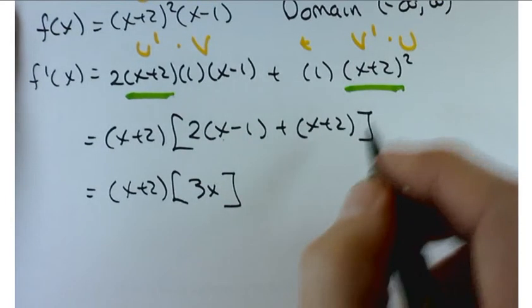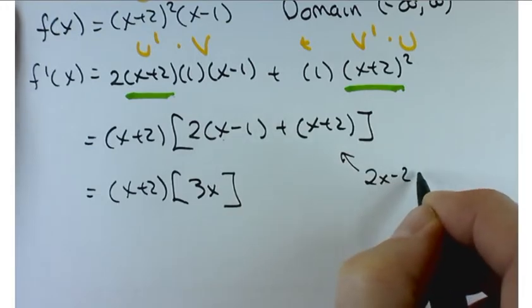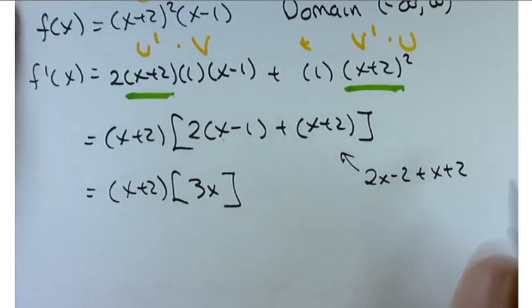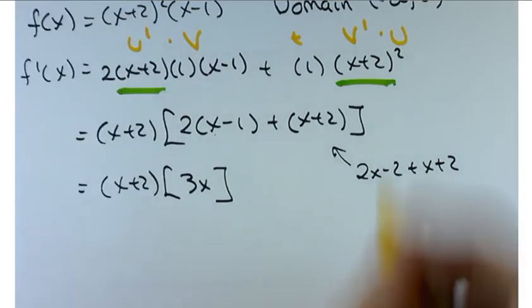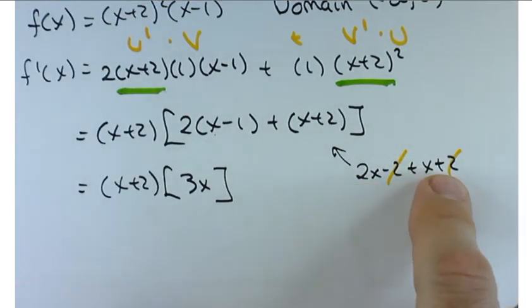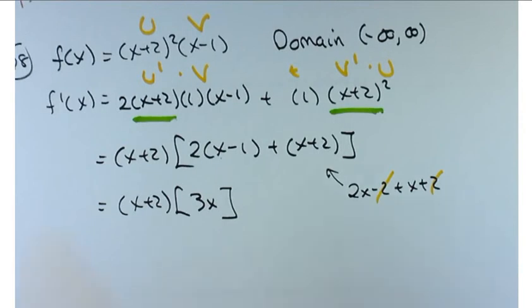The 2 and the 2 cancel, right? Those cancel. x and 2x gives me 3x. So, wow. That worked out pretty nice. I guarantee you it's a lot less effort this way than if you distribute here, FOIL out here, collect like terms. Wow, that's a lot of work.